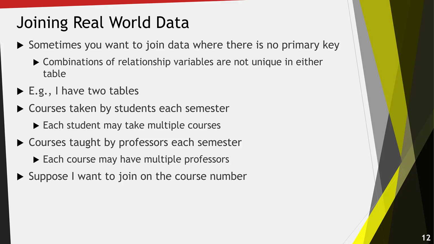Each student can take multiple courses, so the student is not unique in this table, nor is the course number. And then second, I have a table of courses taught by professors in each semester. Professors teach multiple courses, but also a given course might have multiple professors. Suppose I want to join these two tables on course number. In that case, there's no unique combination of relationship variables, and that will lead to a different type of join than you might expect.